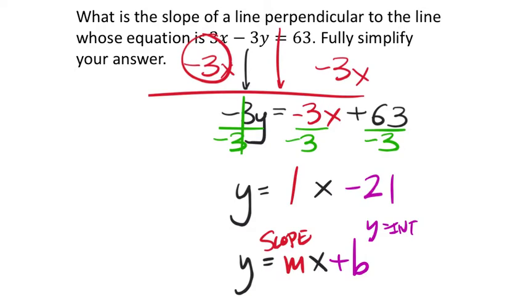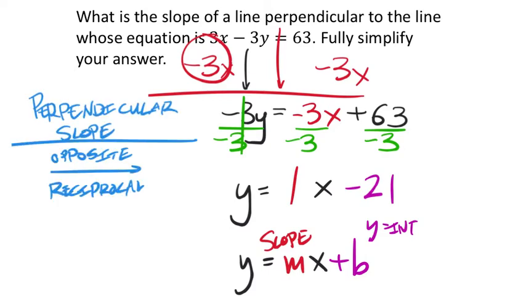So what we want now, again, is the perpendicular slope, which is going to be the opposite reciprocal. Okay, so the slope that I have right now is 1, showing it right there. If I put my slope in as 1, what I'd like to see is this as a fraction, right? So I can flip it. Now that's 1/1. This, by the way, is positive 1/1.